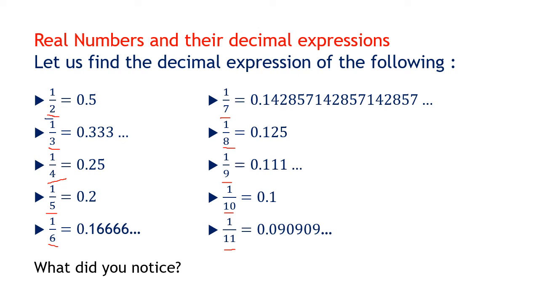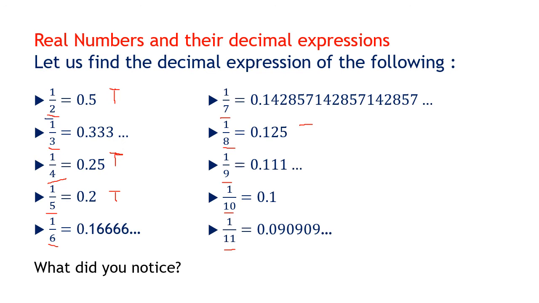Observe the pattern. This has terminated. This is terminated. This one is also terminating. Yes? Can you follow? Terminating, it has stopped. It doesn't continue. This also has terminated. Some terminate after one digit after the decimal point, some after 2.